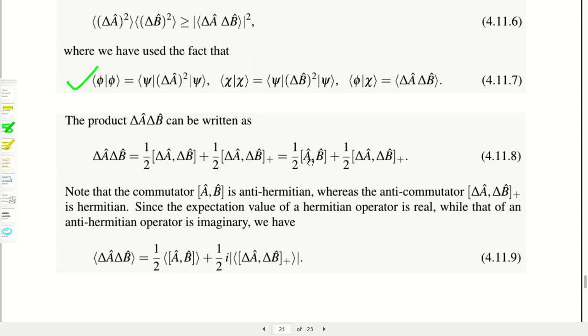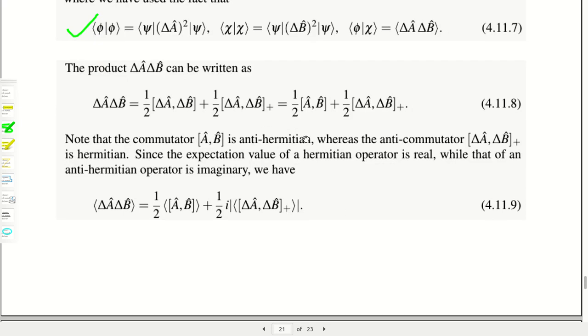Now A and B are two Hermitian operators, so their commutator will be anti-Hermitian, and the anti-commutator of Hermitian operators is Hermitian. It has been proved earlier in my previous lecture.